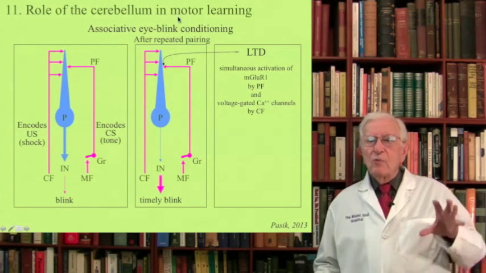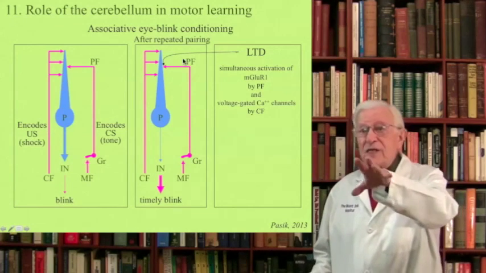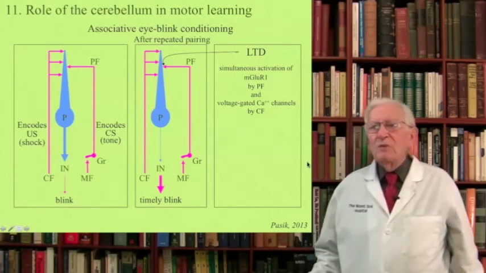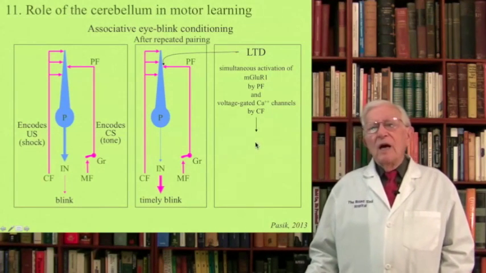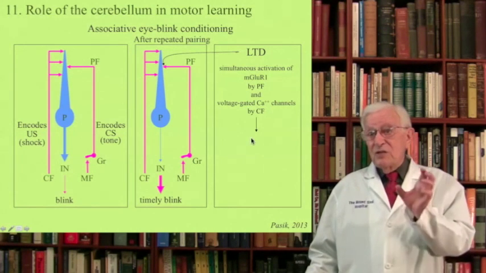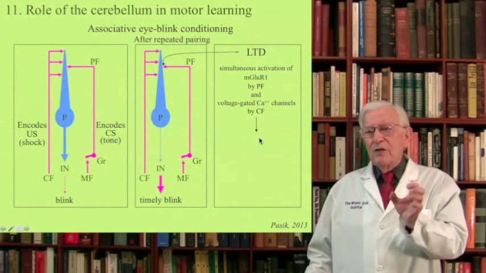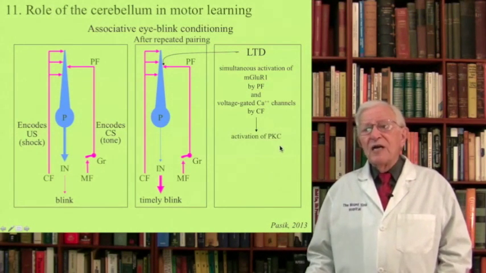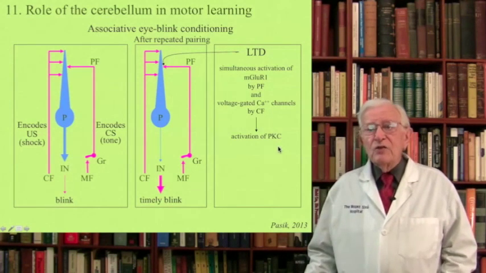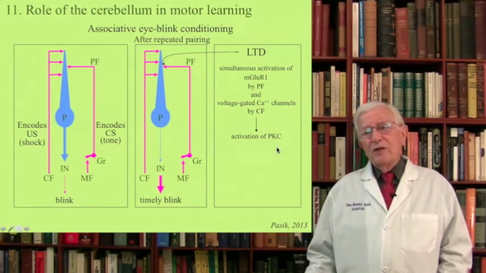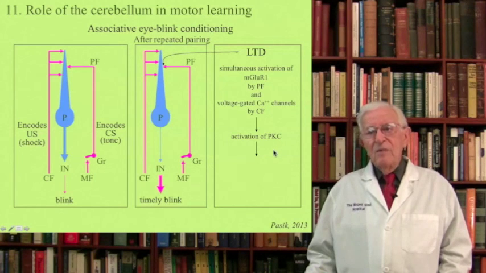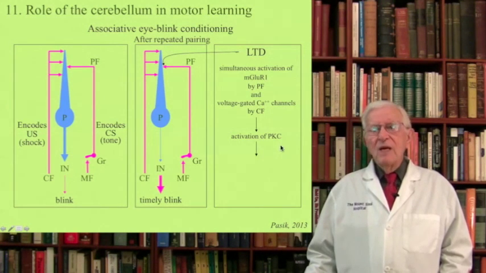All right? When the two things occur simultaneously, as it happens after repeated pairing, this simultaneity of the two impulses results in an activation of a protein kinase C enzyme in the Purkinje cell.